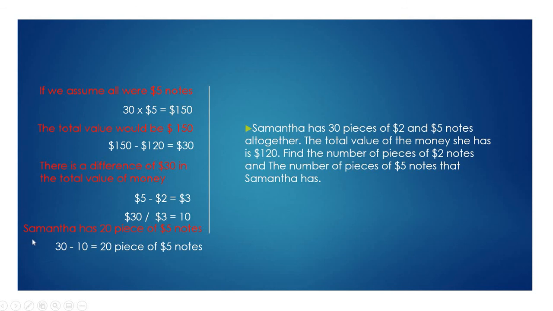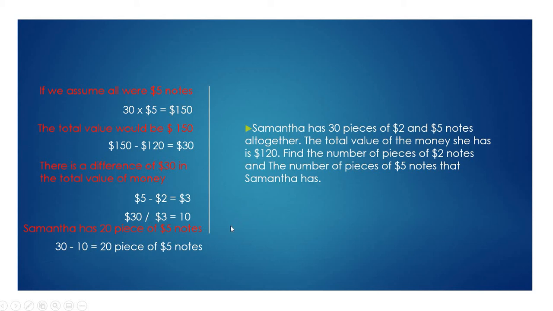Therefore, Samantha has 10 pieces of $2 notes. So if she has 10 pieces of $2 notes, 30 pieces minus 10 pieces is equal to 20 pieces. So Samantha has 20 pieces of $5 notes.